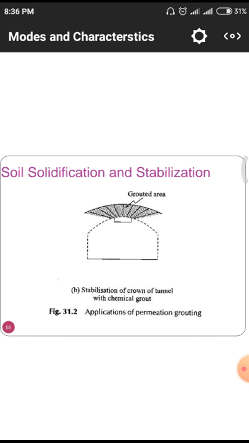If there is no proper lining in the tunnel, automatically there will be some blocks and seepage, and failure will take place. To control those things, they have to go for some linings. Those linings are constructed with the help of grouting techniques by high pressure grouting mechanisms. For stabilization of the crown tunnel they utilize some chemical grouts.